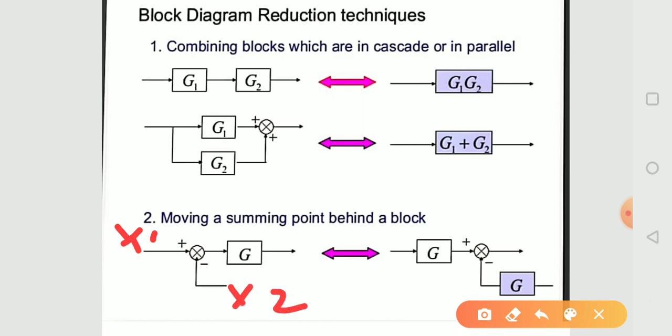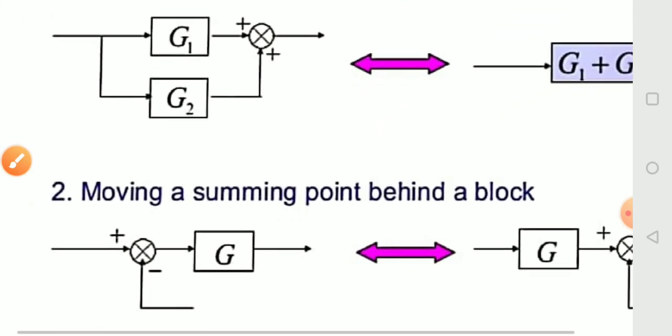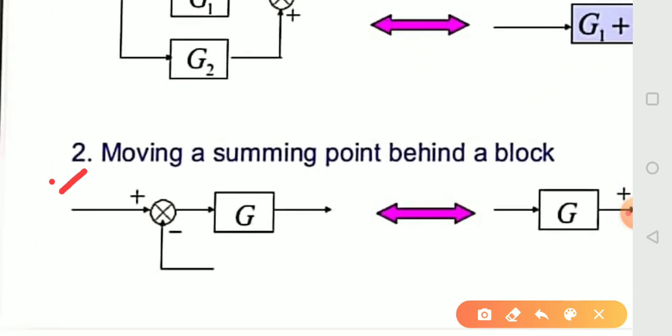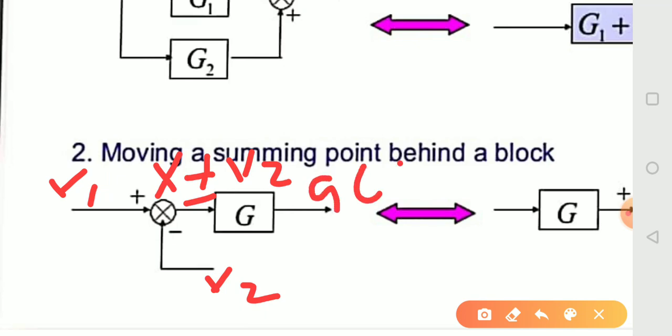So if we want to zoom in, here is x1 and x2, and the output is x1 plus or minus x2 here. So after this block gain, the output will be G multiplied by x1 plus or minus x2.